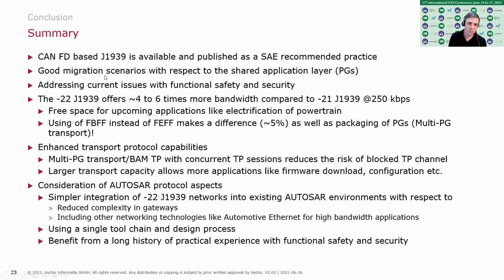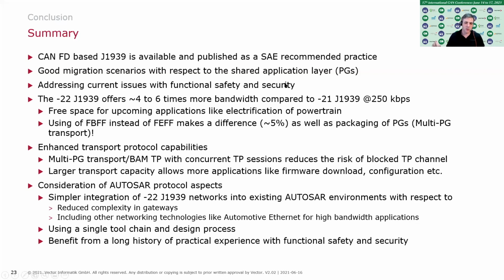There are good migration scenarios with respect to the shared application layer. So we use the same parameter group, so the applications at all don't need to be re-established or reprogrammed. We have addressed the current issues with functional safety and functional security.